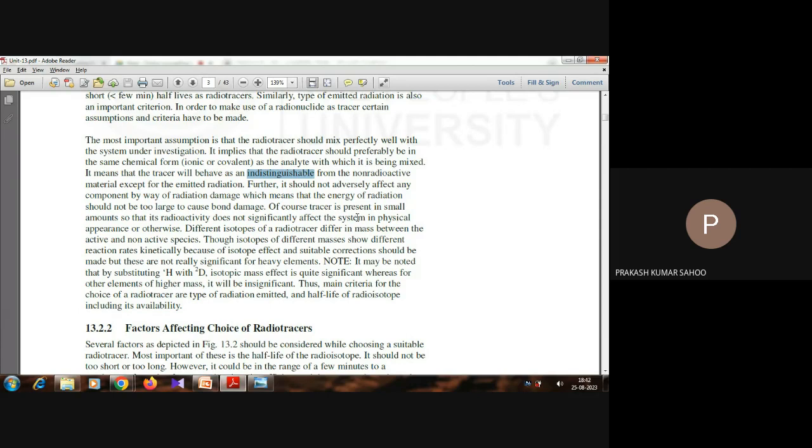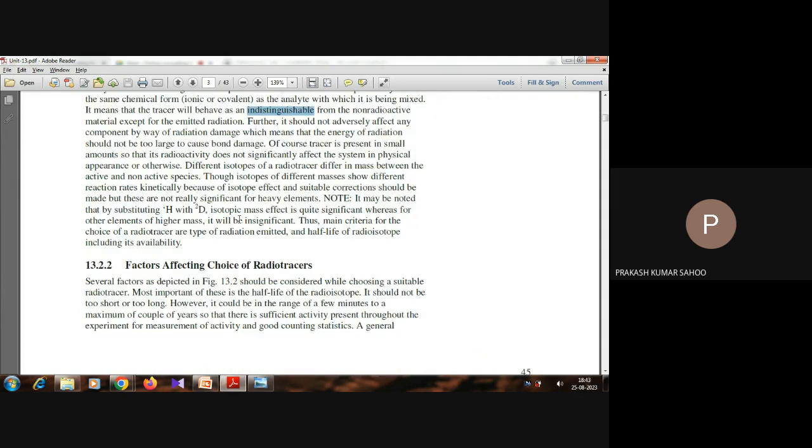The tracer is present in a small amount, like your catalyst. It just acts as a catalyst. Its presence is very small, but it can carry out the reaction without being involved in the reaction. This is very important. Different isotopes of a tracer differ in mass between the active and non-active species. Note that.